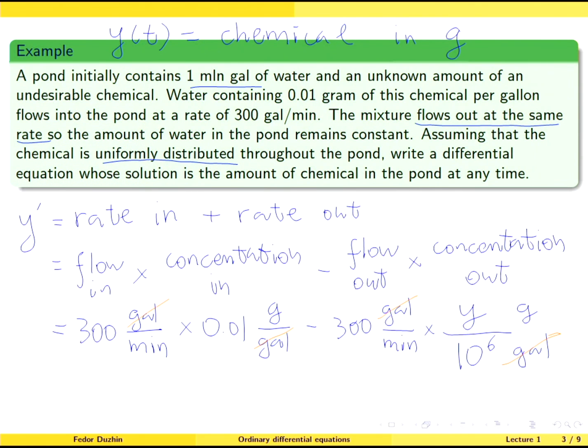So the resulting units are going to be grams per minute, which makes sense because this is the rate of change. If the initial quantity is measured in grams and time is measured in minutes, then the rate of change should be measured in grams per minute.